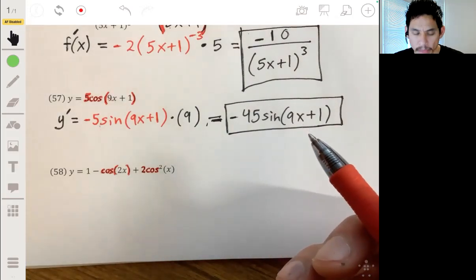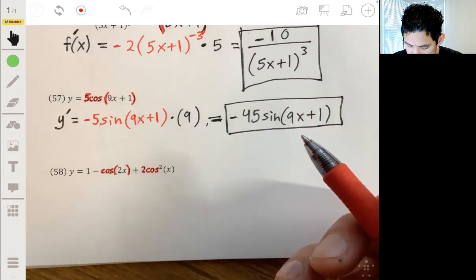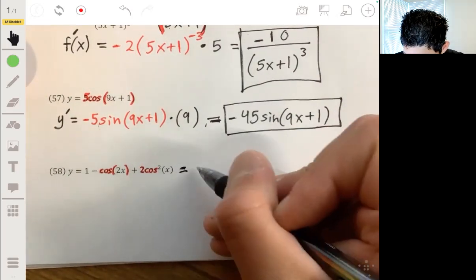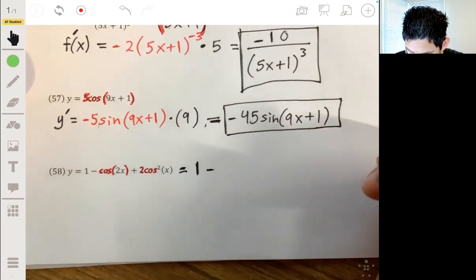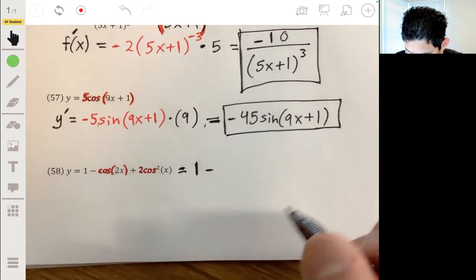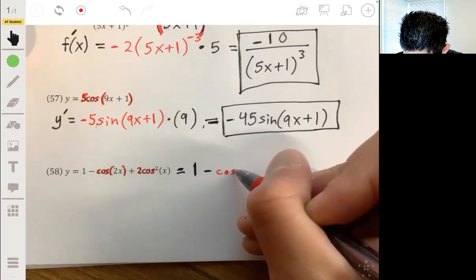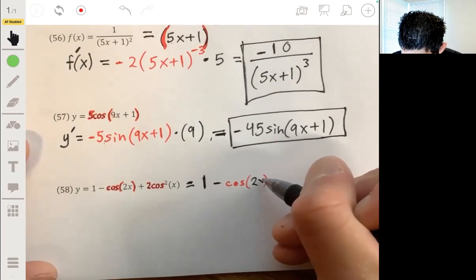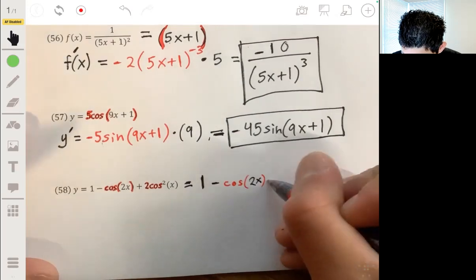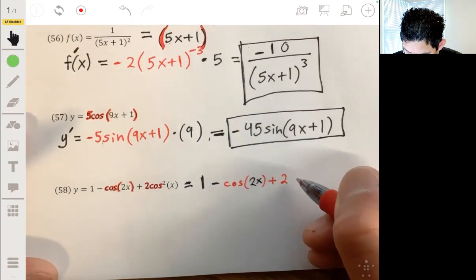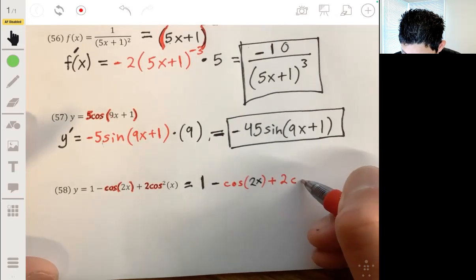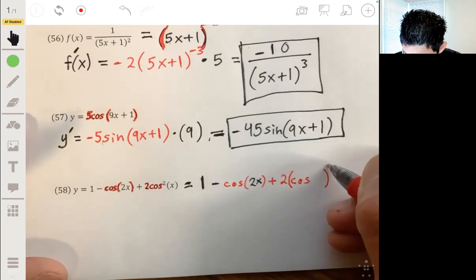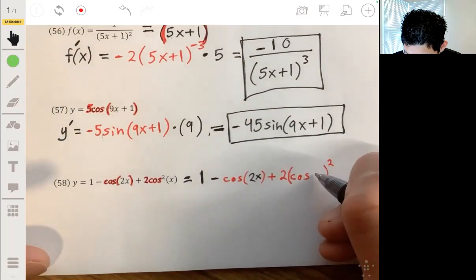One way to think of this, because this used to always throw me off when I first was taking calculus, is let's rewrite this like this: 1 minus cosine of 2x, plus 2 times the cosine of x, and this whole function is raised to the second power.